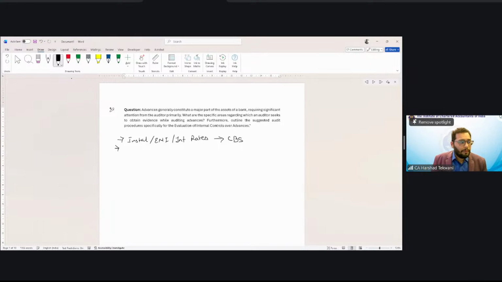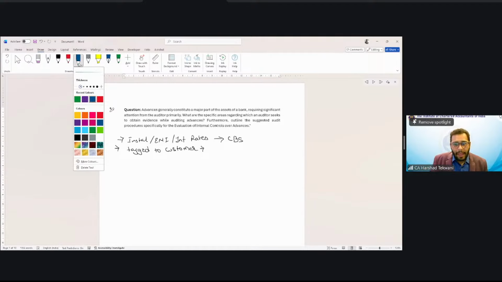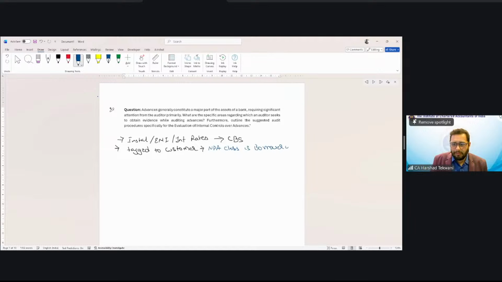Second, when we talk about advances, we need to verify whether all the advances are appropriately tagged to the customer. Why? Because now NPA classification is borrower wise, not facility wise. So we need to tag each and every loan to a particular customer.